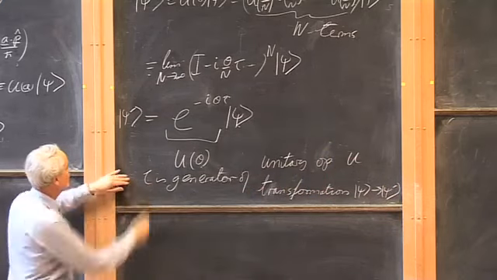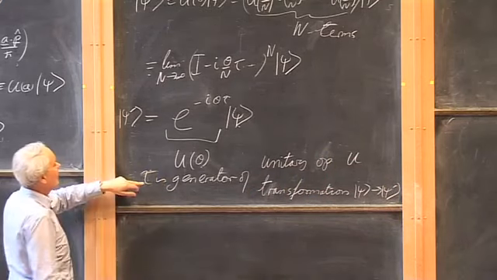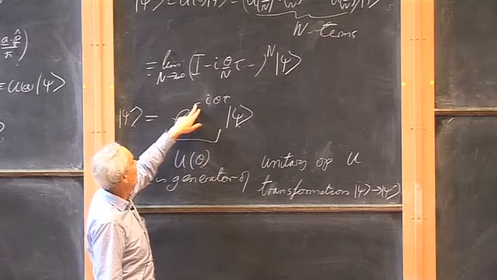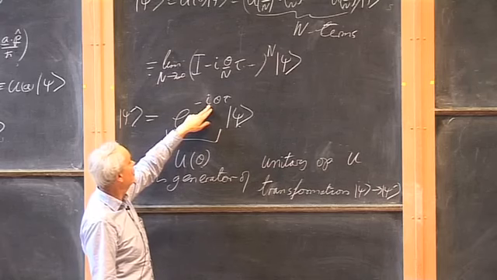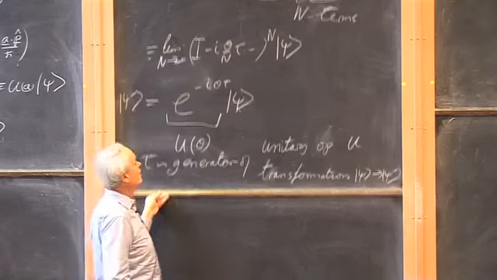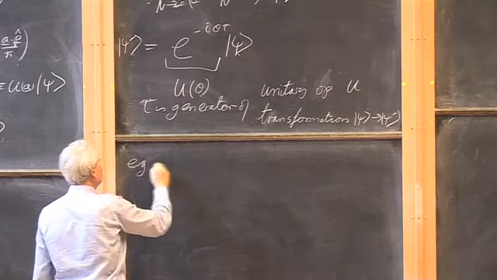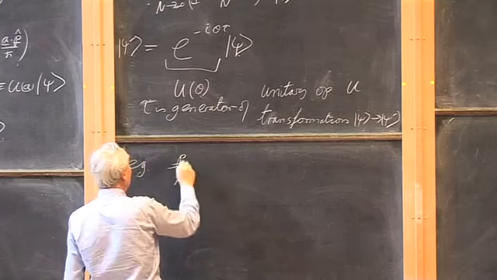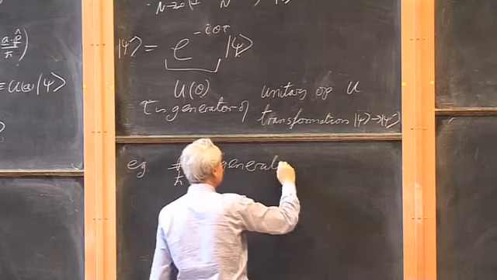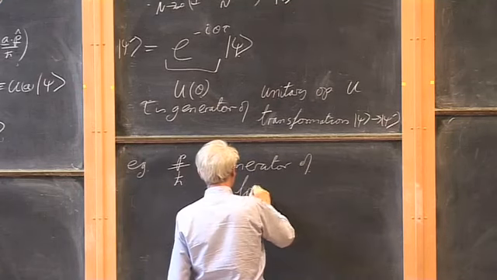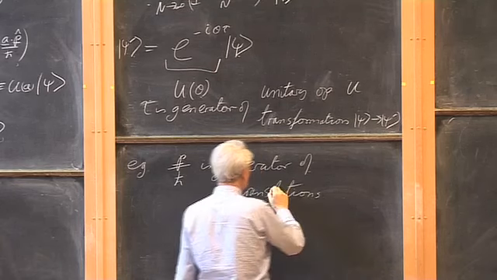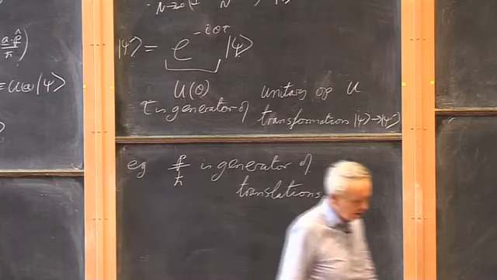The generator is the operator you stuff in up here in the exponential. It's always times minus I for conventional reasons, and then a parameter theta that tells you how much you've generated. So, for example, P over H bar, not P sadly, but P over H bar is the generator of translations. That's just jargon.